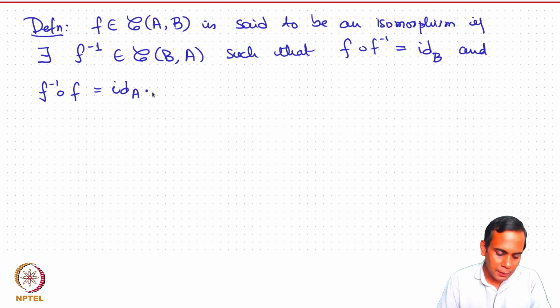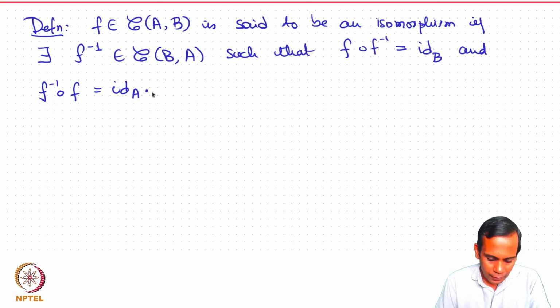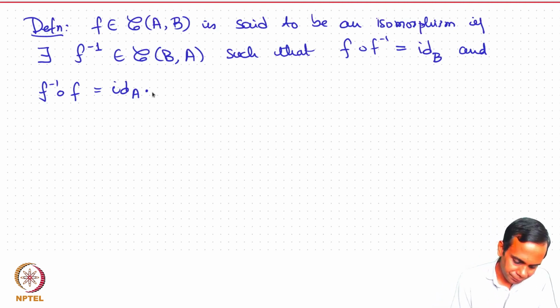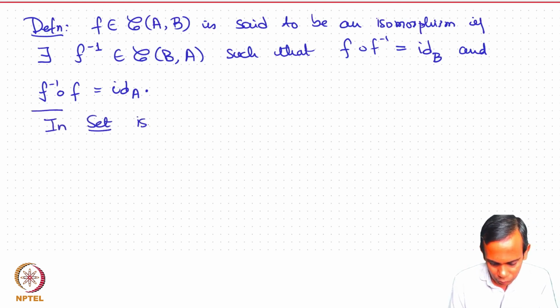So this is a much more intuitive definition, and clearly, you know, in the category of sets, isomorphisms are precisely bijections. You've studied in set theory that invertible functions are one-to-one and onto, and so in the category of sets, isomorphisms are bijections.